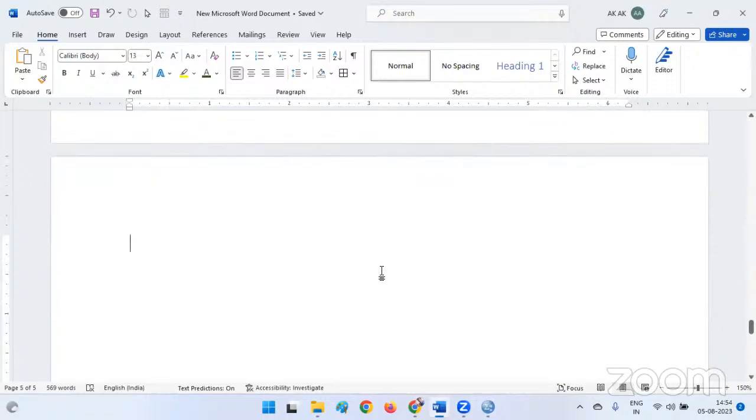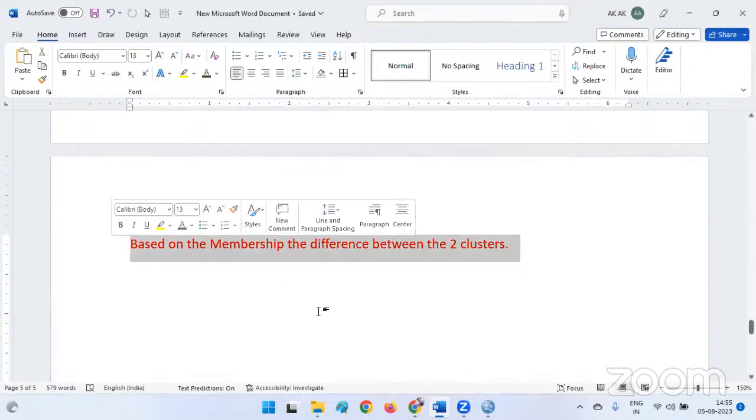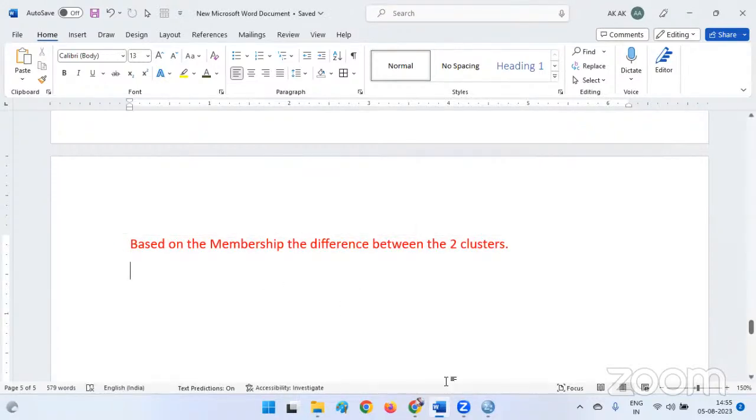Based on the membership, we will decide whether there is a difference between the two clusters or not.